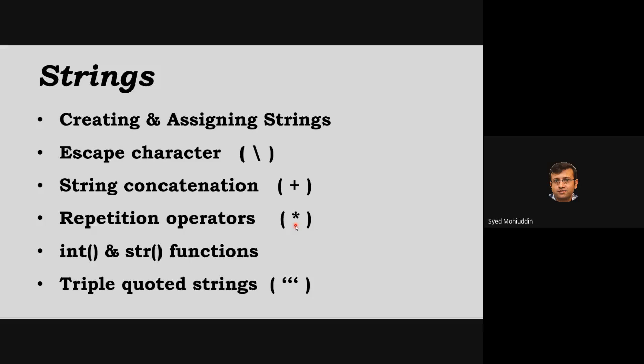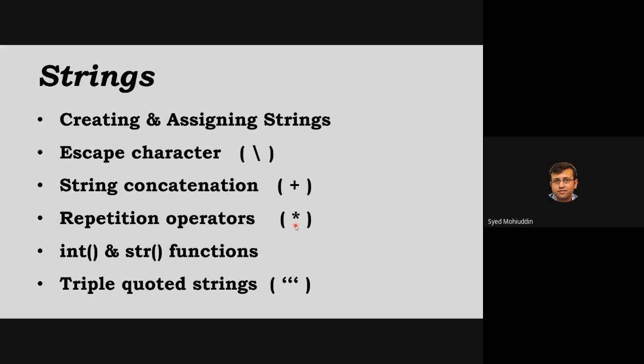We have talked about the triple quoted strings, that is triple single quotes or triple double quotes. We can create strings with triple quotes also, but these triple quoted strings are usually used for documentation purposes. We have comments in Python using hash, but since Python is object oriented, we will be having classes, and classes may be having several methods.